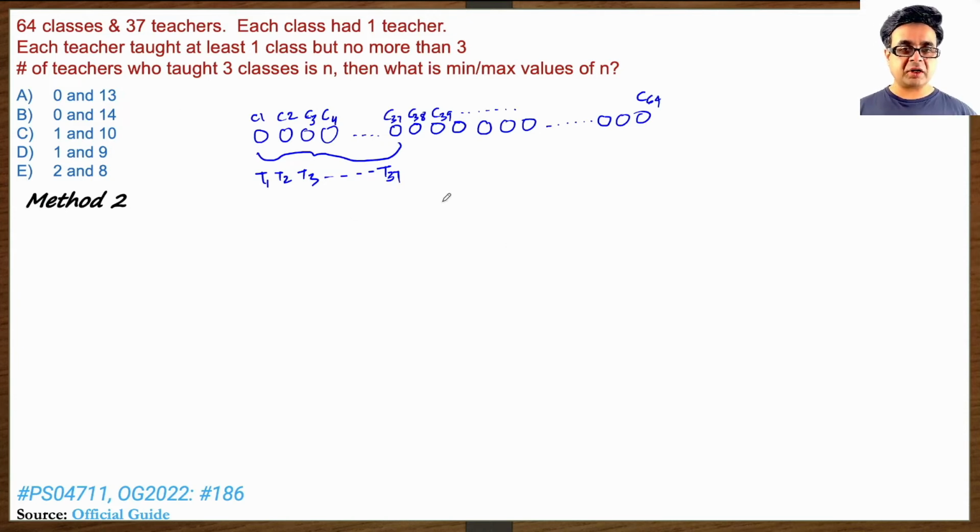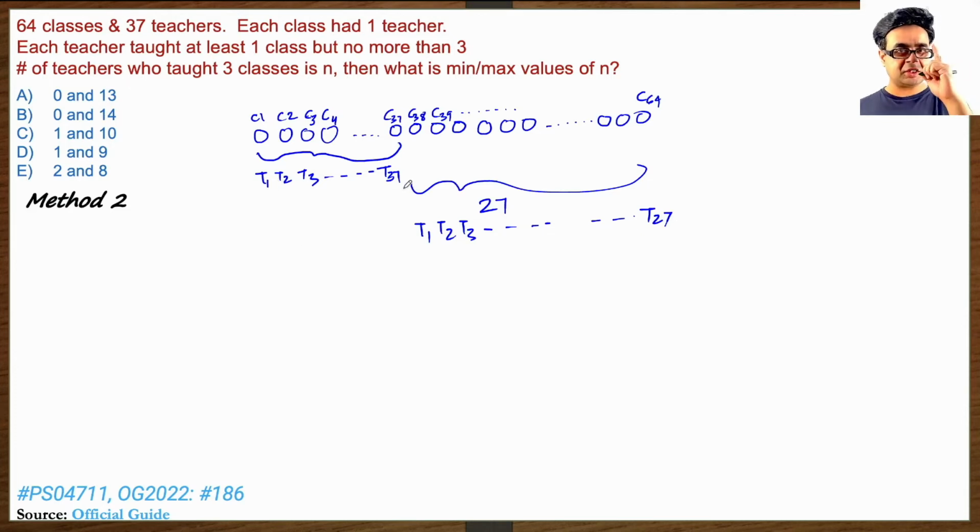Now I have another 27 classes left, and I can start filling those 27 classes again with T1, T2 all the way to T27. In this particular scenario, as you can see, not a single teacher has 3 classes, right? We have T1 to T37, each teacher getting one class, and then T1 to T27 getting another class. So not a single teacher got 3 classes.